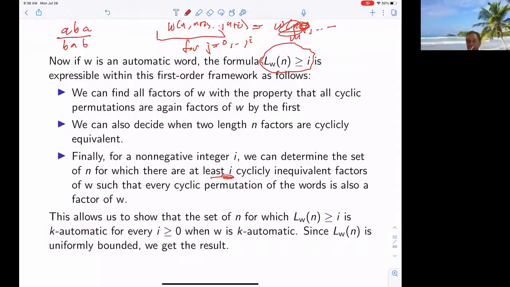That doesn't tell us that there are like 100 factors; I could have i equals 3 and maybe there's actually 100, but we can at least express this. And so what we were saying before is we can accept the set of natural numbers where LW of n is bigger than or equal to i. So this is k-automatic for every i. And since LW of n is uniformly bounded, we then see that it's an automatic function. So that's what's relevant here.